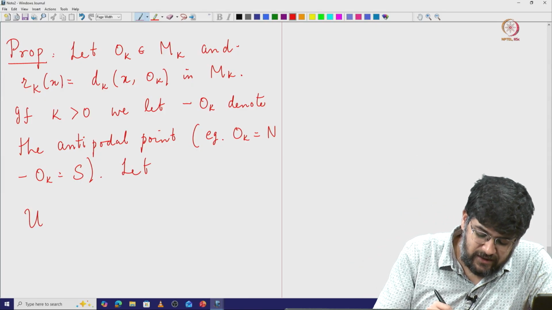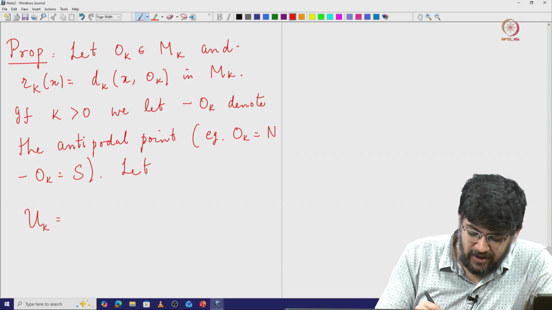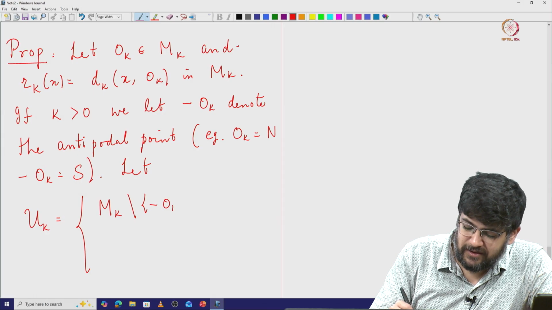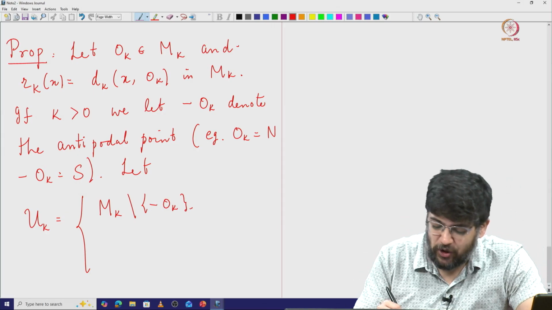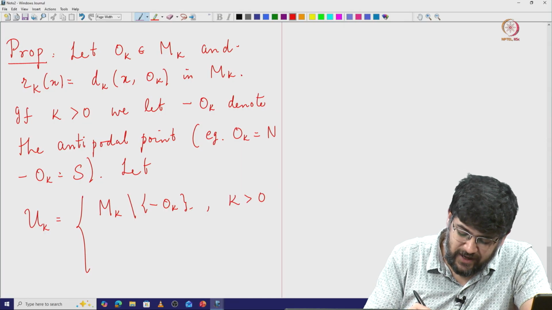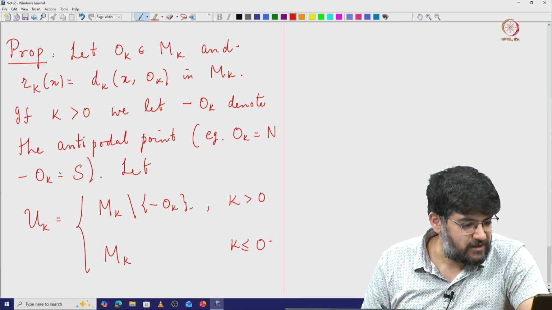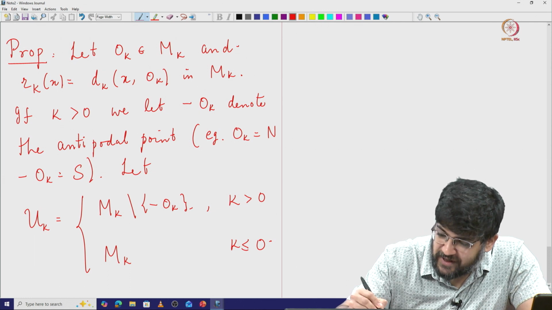And then we let U kappa basically be M kappa minus this antipodal point if kappa is positive, and it is all of M kappa if kappa is non-positive.